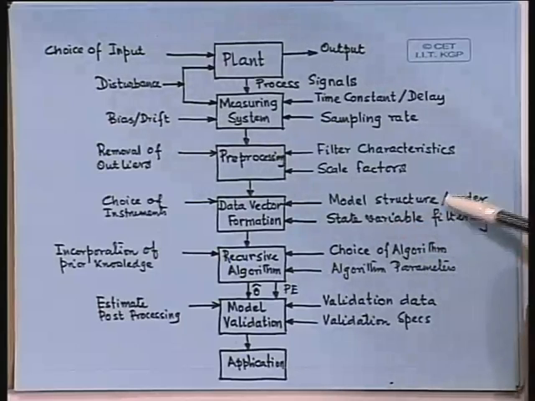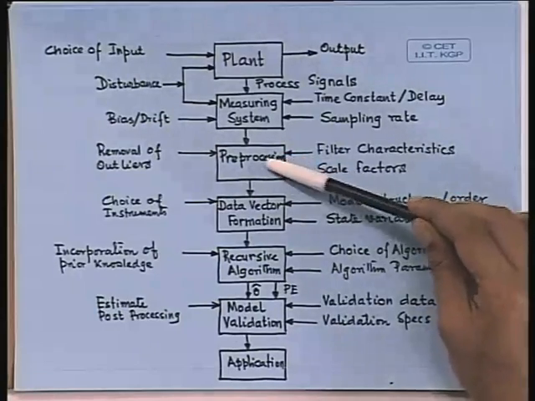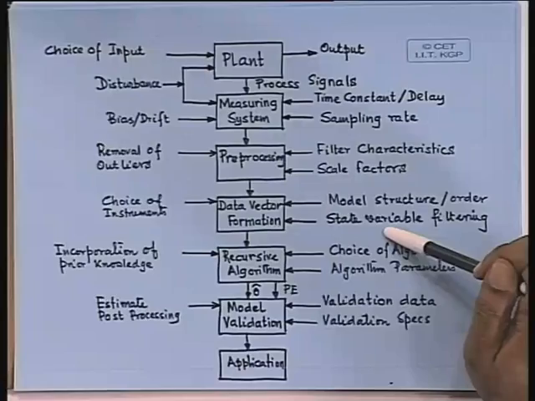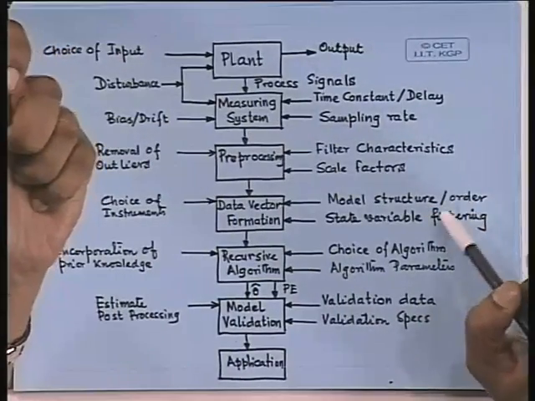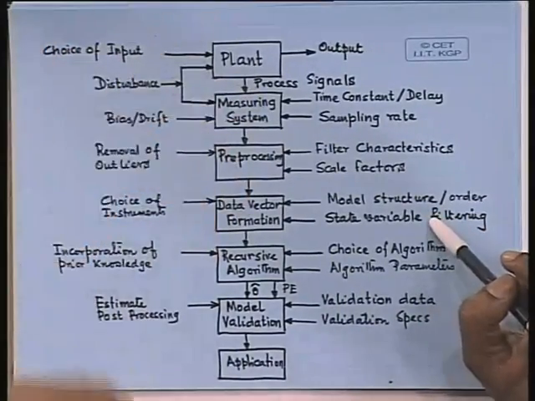In many cases, even after this pre-processing, you'd like to do further filtering, as we'll see, because the same transfer function, let's say G(s), can be written in various ways using a phi transpose theta formulation. What kind of signals you use in the regressor depends on what kind of state variable filtering you use. This is a new term, so we'll see what it is.